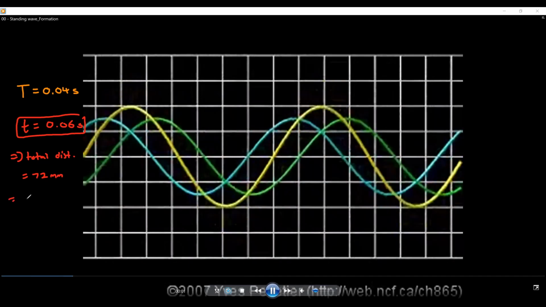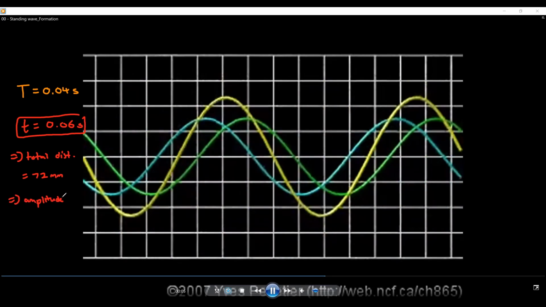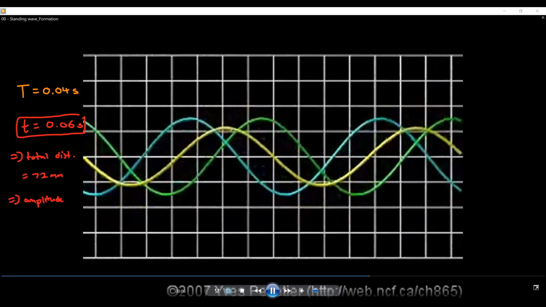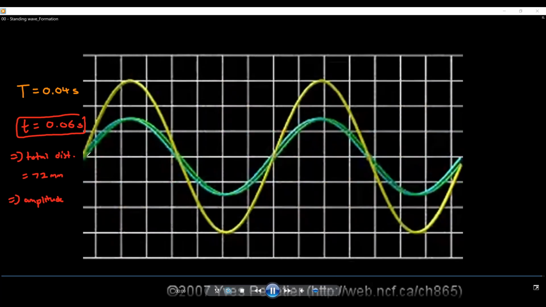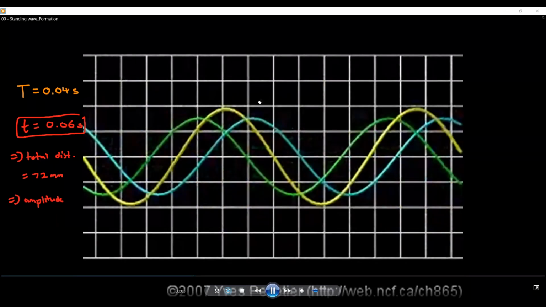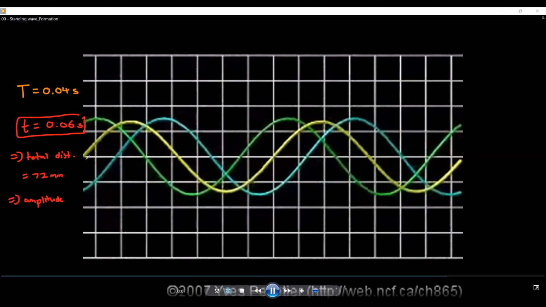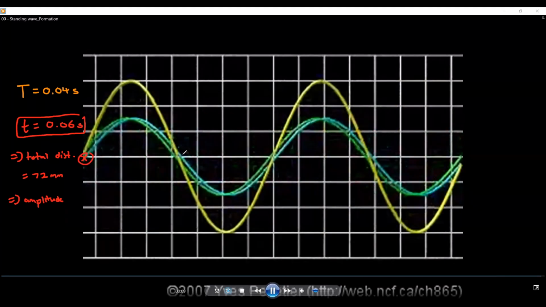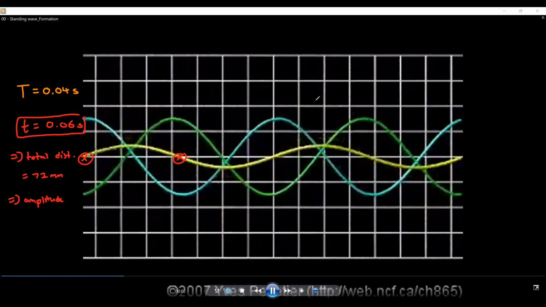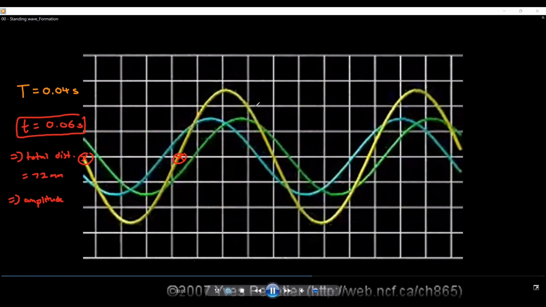From here, we're supposed to find out the amplitude of oscillation. Now, earlier, I mentioned to you to visualize how the particles on the stationary wave would actually oscillate. So I'm going to redraw some of the things here again. So earlier I told you that there is a row of particles in between the nodes.